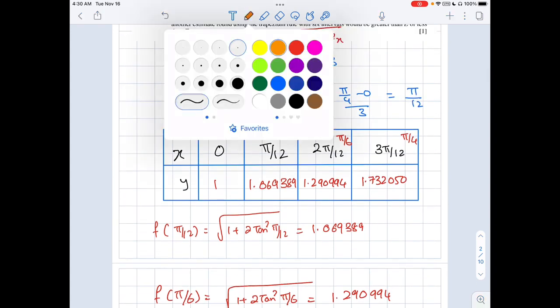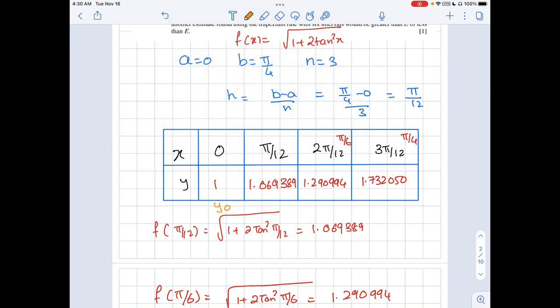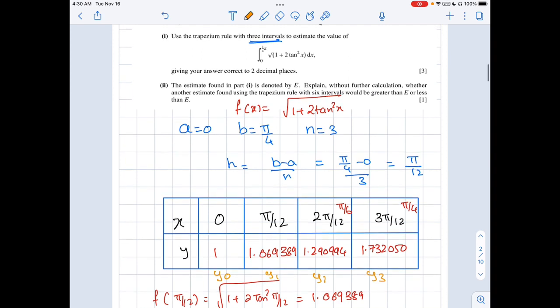Now, what are these values? These values can be written as y0, y1, y2, y3. Now what is he asking? Use the trapezium rule with 3 intervals.